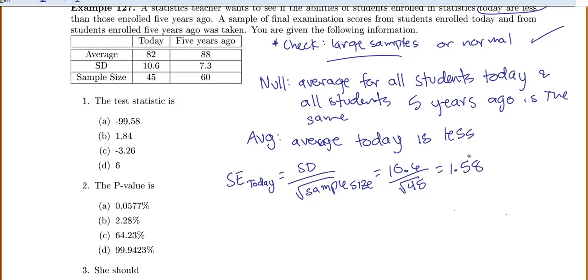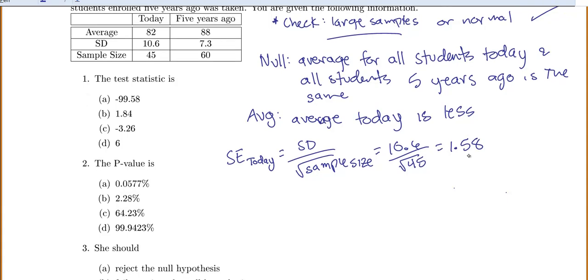One of the things you want to make sure you do for these problems is put the correct SDs with the correct sample sizes, so don't mess up your two groups. And the SE for 5 years ago is the SD of 7.3 over square root of its sample size of 60. So 0.94.